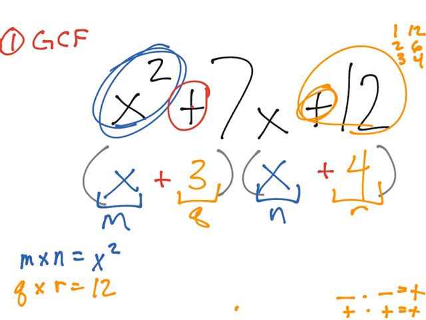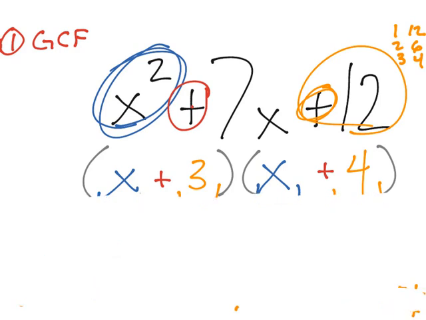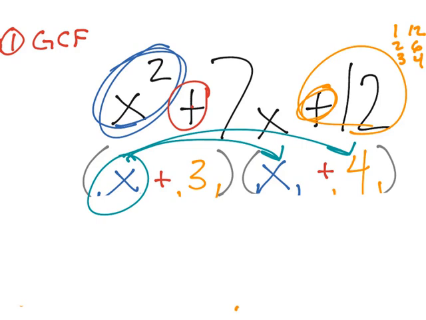Now, you should always check your work. Until you become maybe an expert, you should check what's happening. By checking, this is where the double distribution comes in. We take our first term and multiply throughout. So x times x is x squared. X times 4 is 4x.